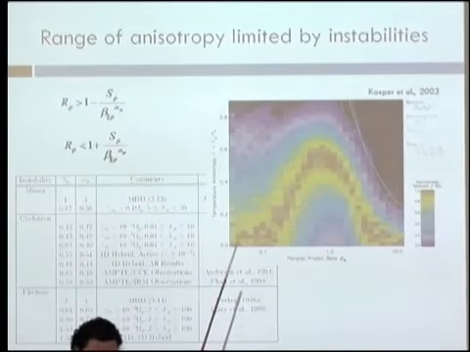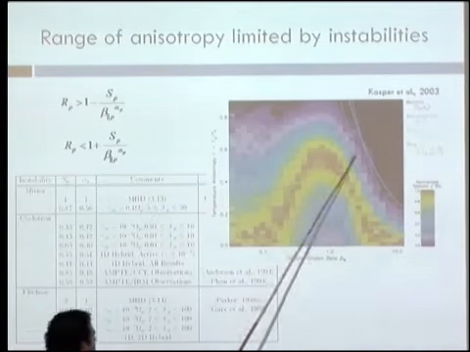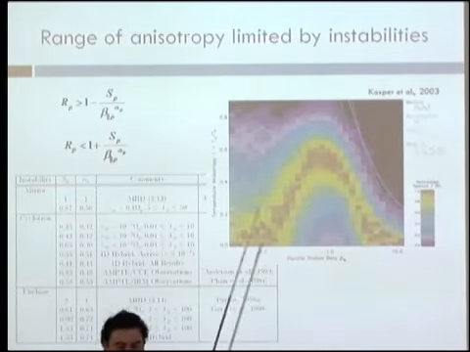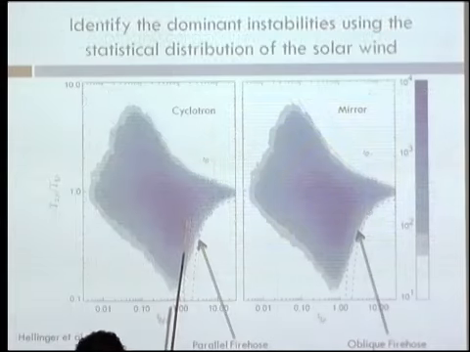And what we're able to do is look at the functional shape of the observed limit and compare it with the predicted curves and see what agrees better.